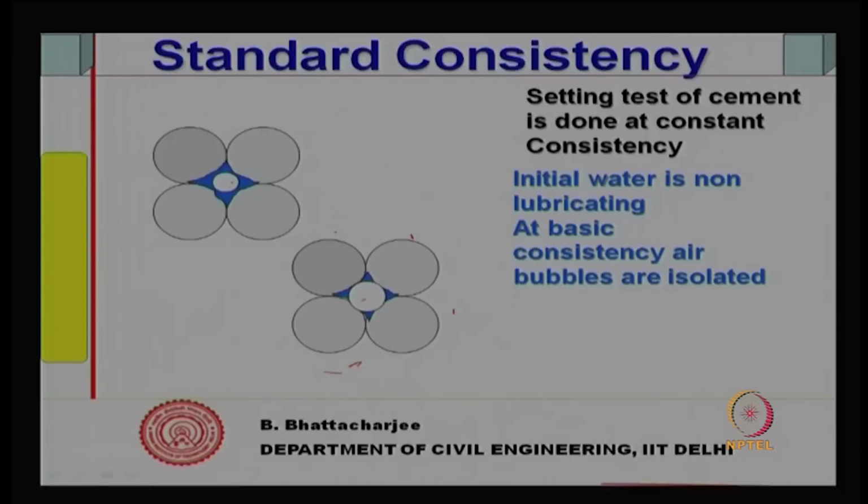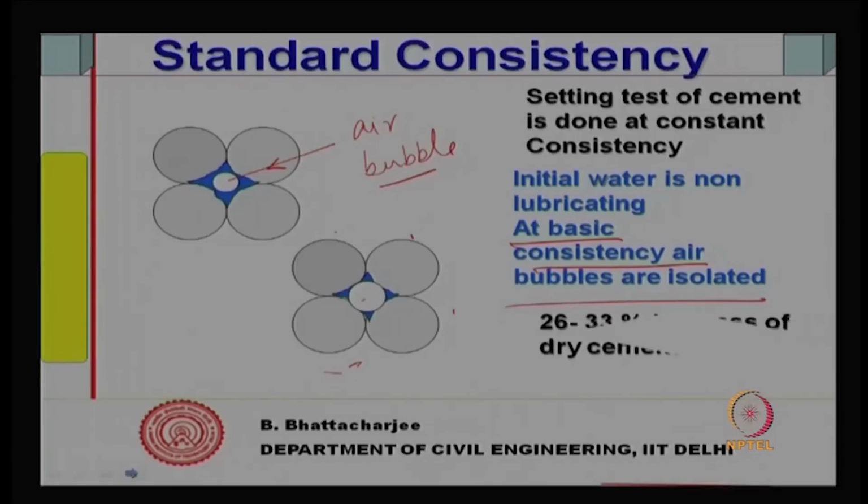This is my air bubble, and as it gets isolated, this corresponds to basic consistency. So, when just the pendular state is reached, that is what corresponds to basic consistency. And if you add more water, rapidly the paste will become more plastic.